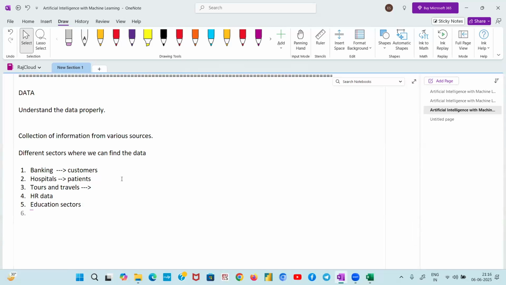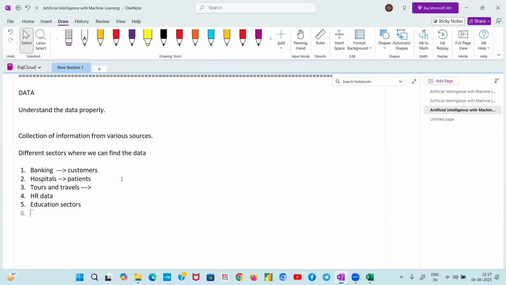If I take our Raj Cloud information only, these people also have a large amount of student data of those who are enrolled here. How many are freshers? How many are working employees? How many are already our previous students? How many people are enrolled? So there is various information from the education sector also.